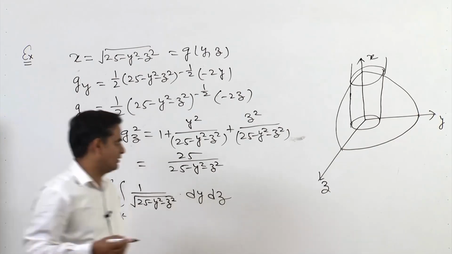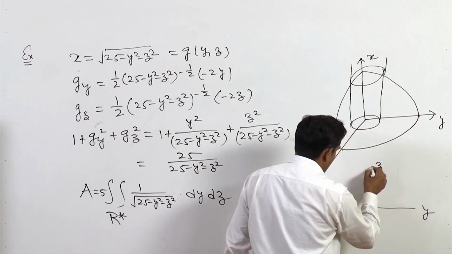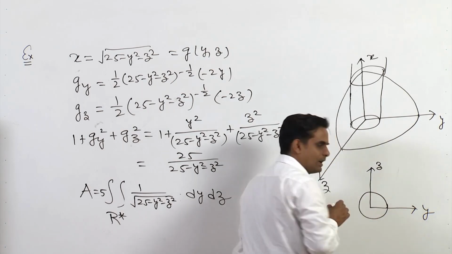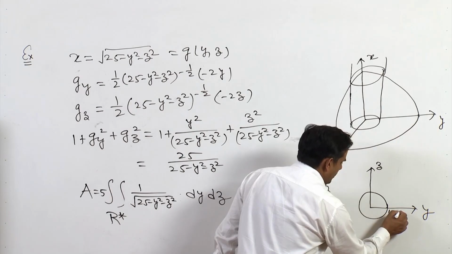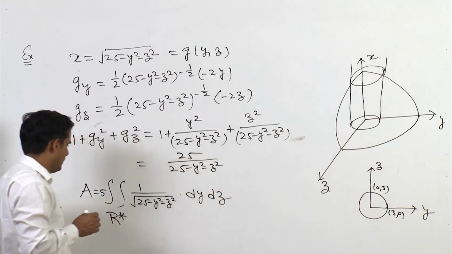Okay. So, the projection will be like this, y z axis. The projection will become this circle. So, this is 0 0 3 in the yz plane.